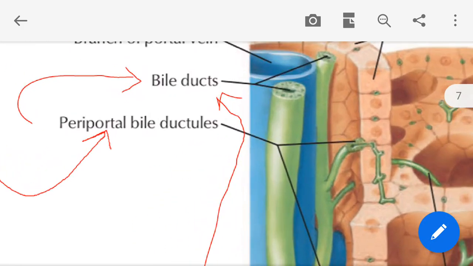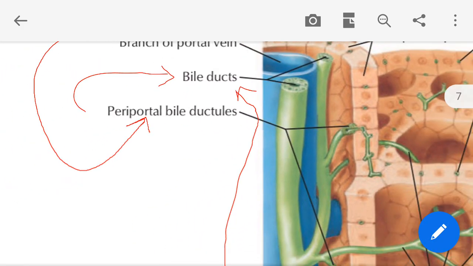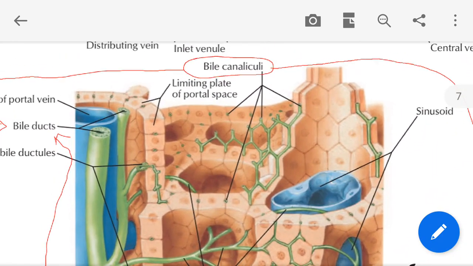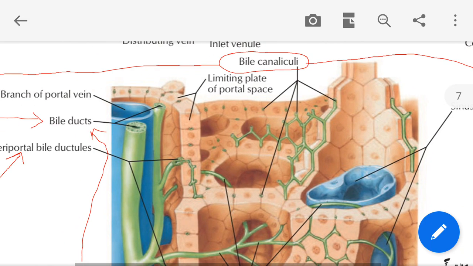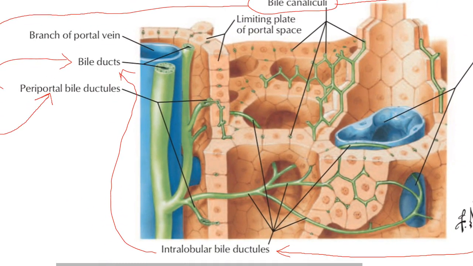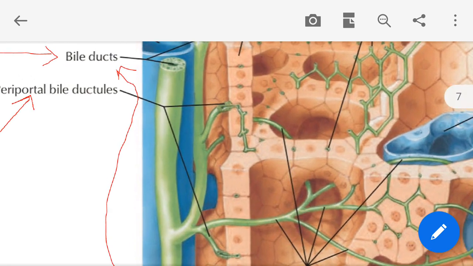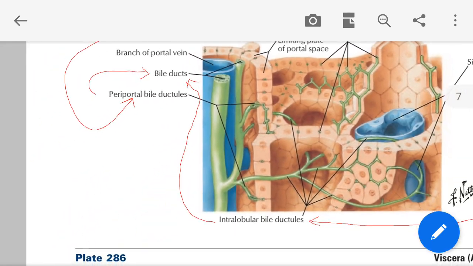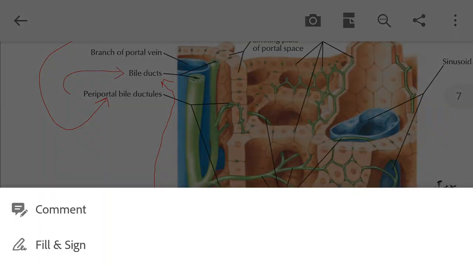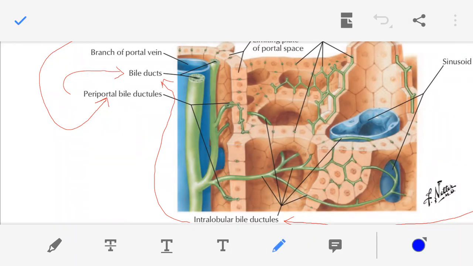Here also, periportal bile ductule, and bile canaliculi are opening into bile ductules, and these bile ductules, for example this one, and this one, and this one, are opening into the bile duct.